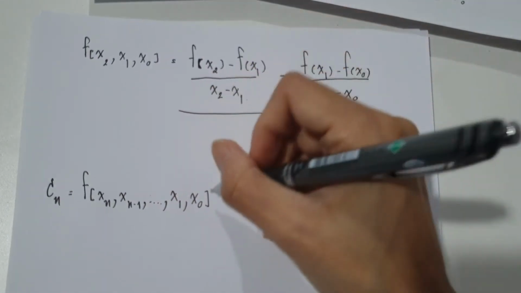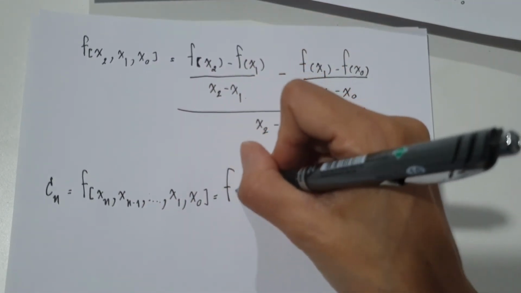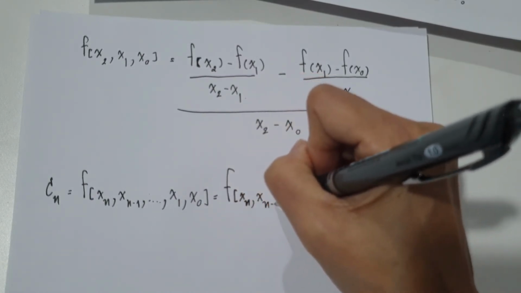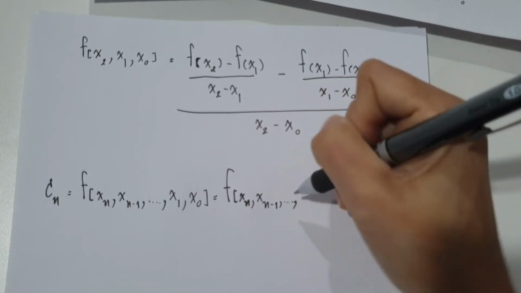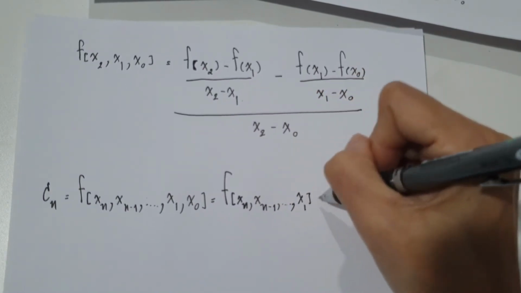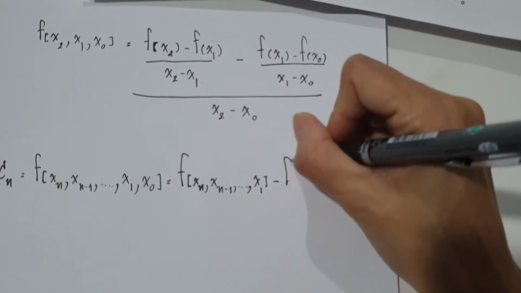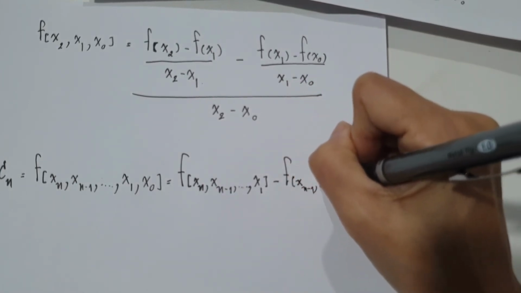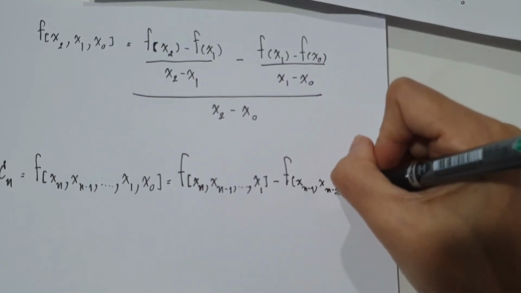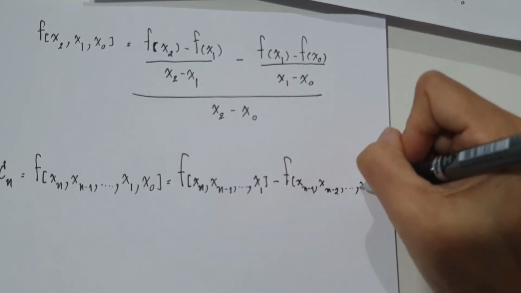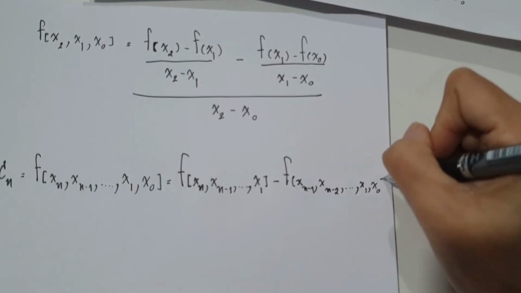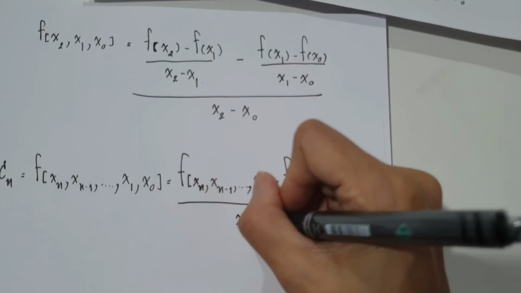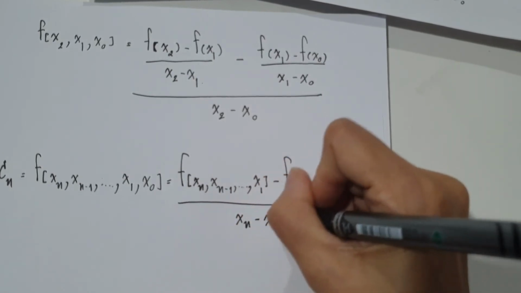From here, it comes from f[xn, xn minus 1, ..., x1] minus f[xn minus 1, xn minus 2, ..., x1, x0], and the whole equation is divided by xn minus x0.